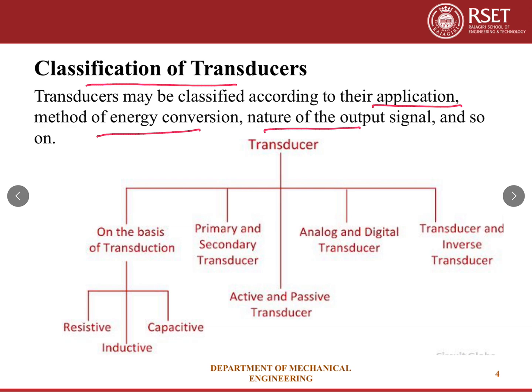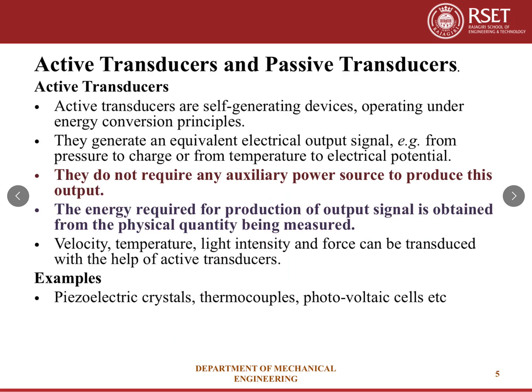On the basis of its transduction process, a transducer is resistive, capacitive or inductive. And then we have primary and secondary transducers, active and passive transducers, analog and digital transducers, then transducers and inverse transducers. This is the basic classification of a transducer that we will study in detail.